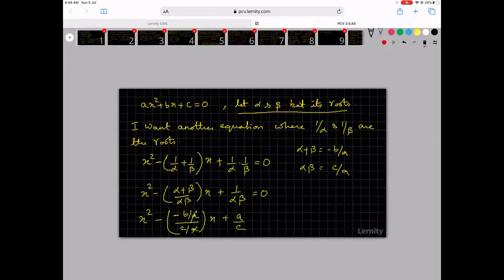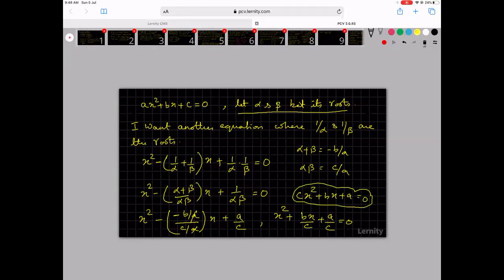Here the a's will get cancelled. So it looks like x squared plus bx by c plus a by c is equal to 0. Now I'll rearrange it. So it becomes cx squared plus bx plus a is equal to 0.